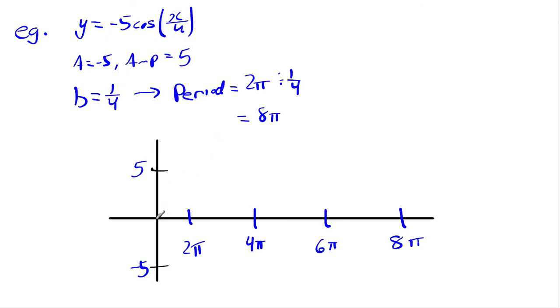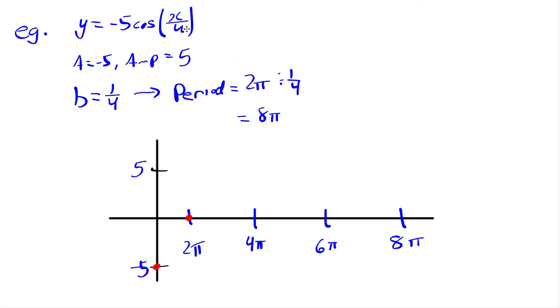So for example, at 0, I get negative 5 times the cosine of 0. Cosine of 0 is 1, so I get negative 5. Notice this flips. It's going to go upside down now. When x is 2 pi, I have 2 pi divided by 4, which is pi over 2. Cosine of pi over 2 is 0.